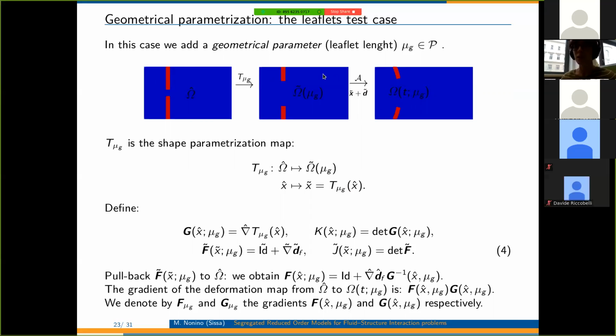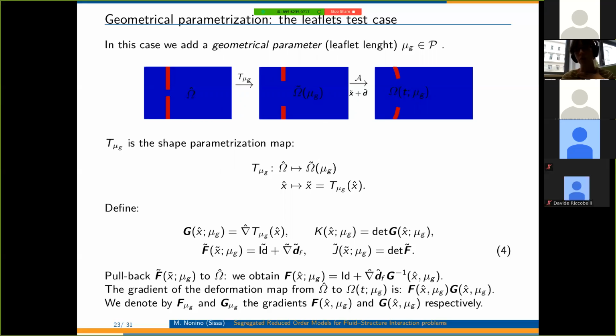So to go from the intermediate configuration to the original configuration, we always use the deformation map defined for the arbitrary Lagrangian Eulerian formulation. But to go from the reference configuration to the intermediate configuration, we use a shape parametrization map, which usually you can compute by yourself, or you can ask a computer to do so for you.